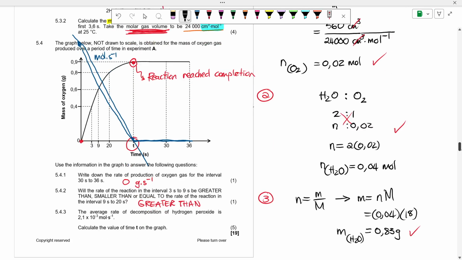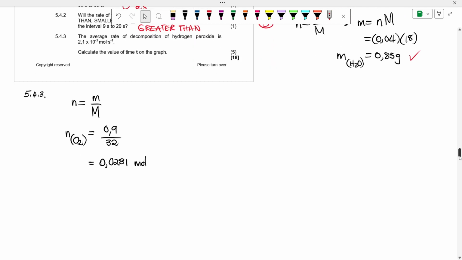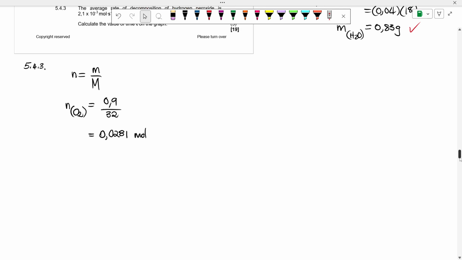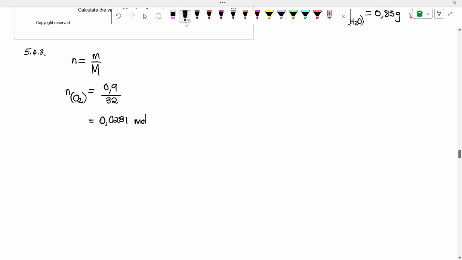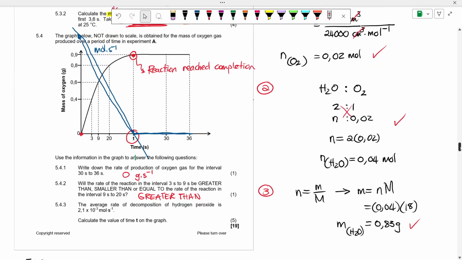What's interesting, guys, is that the reaction stops at the same time. The hydrogen peroxide will be finished at the same time as the maximum amount of oxygen is produced. So now I can go straight into the ratio. I can say, okay, hydrogen peroxide versus oxygen, and the ratio now is, every time in stoichiometry, there's no way you can't do ratios.